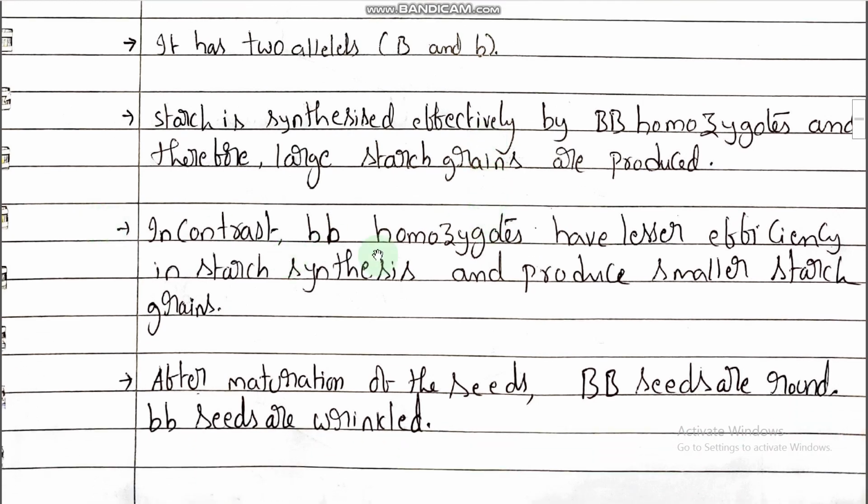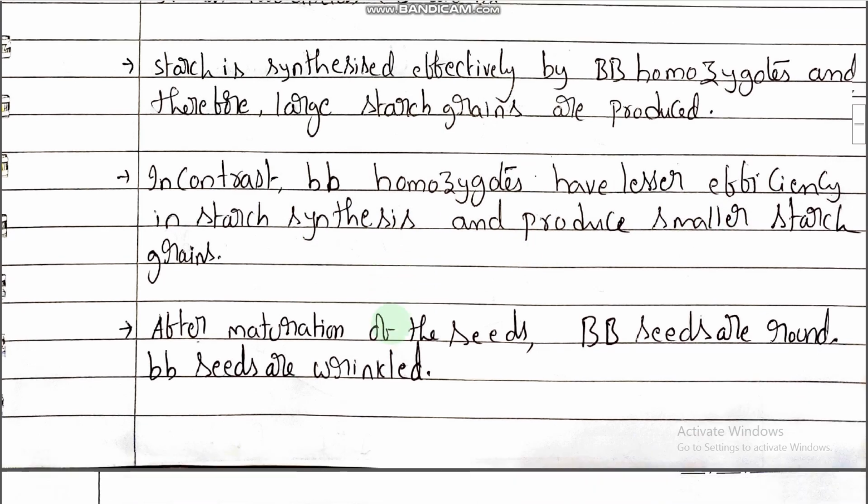In contrast, small b homozygotes have lesser efficiency in starch synthesis and produce smaller starch grains. Small b is recessive, with lesser starch synthesis efficiency, and the size of the seeds is also small.